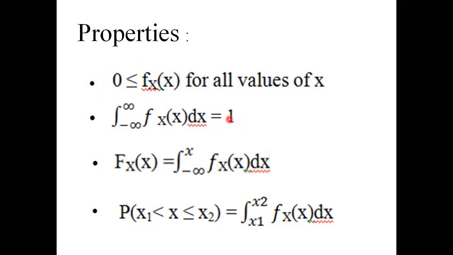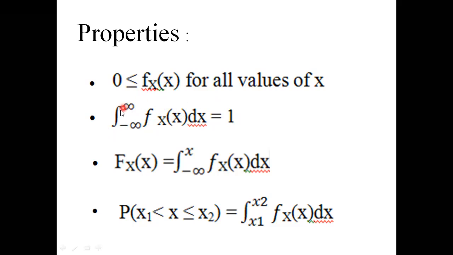What is the meaning of this property? The total area under the density function, with limits minus infinity to infinity, is unity. That is, integration minus infinity to infinity of small fx of x dx is equal to 1.